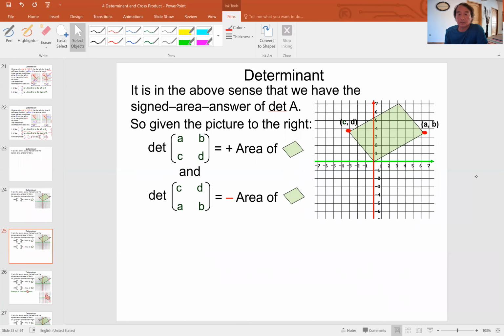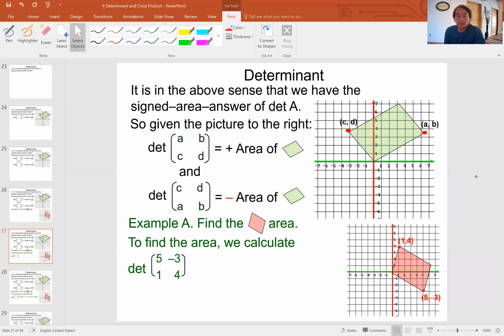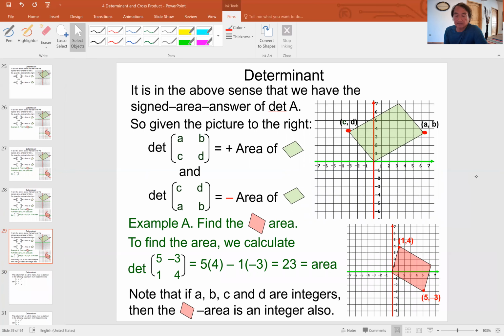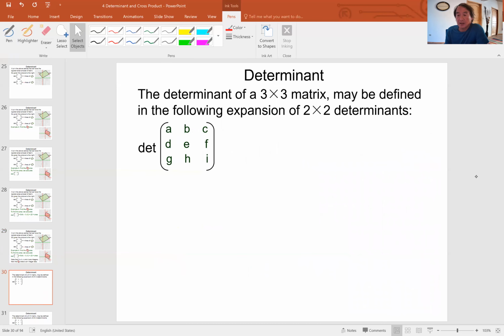So here's finding the area of a parallelogram. And notice a very interesting fact: if the two points are integers, the determinant is going to be an integer, meaning the area of the parallelogram is going to be an integer. That is not a very obvious fact from the regular formula for calculating the area of a parallelogram.